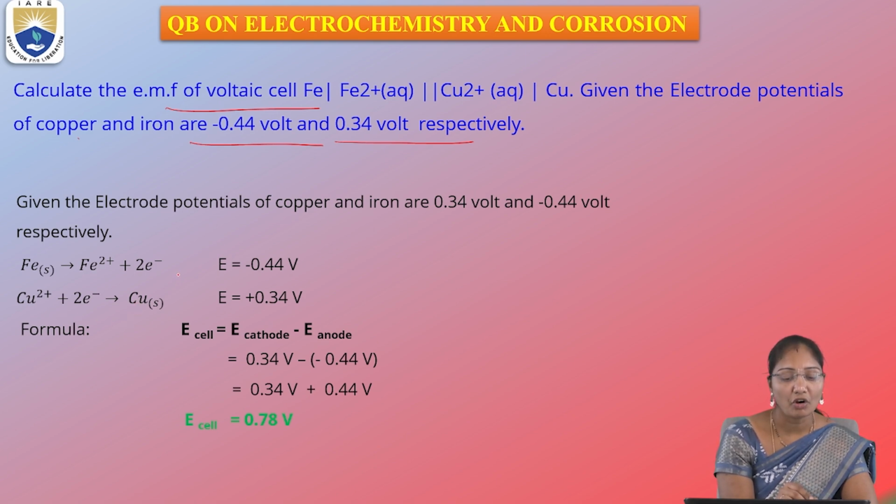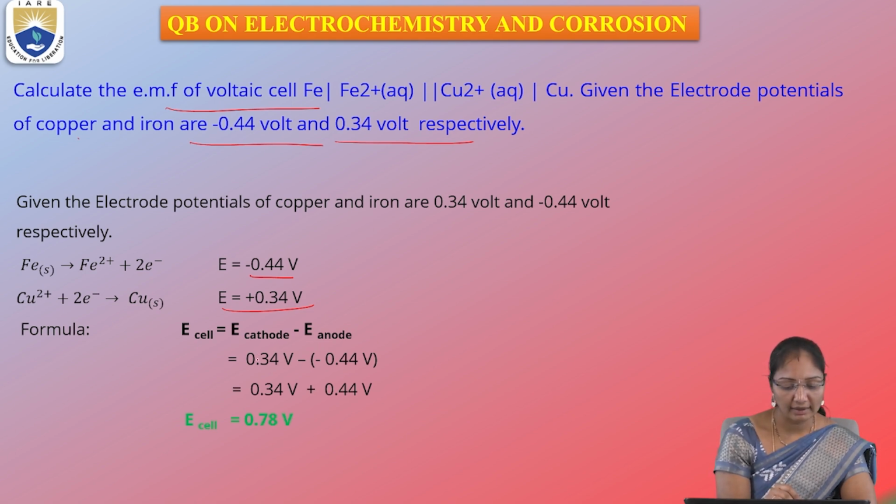Here the electrode potential of iron is minus 0.44 volts, and the copper 2 plus plus 2 electrons, which is reduced, has 0.34 volts. To calculate, E cell is equal to E cathode minus E anode.